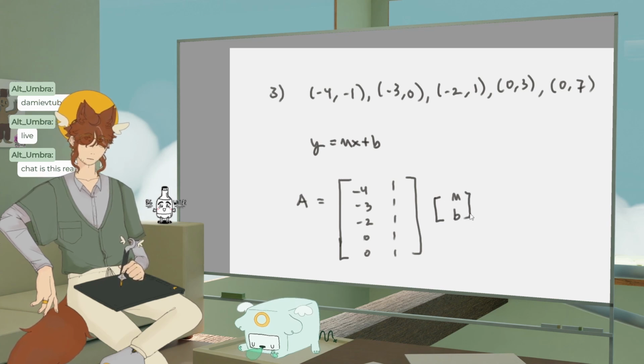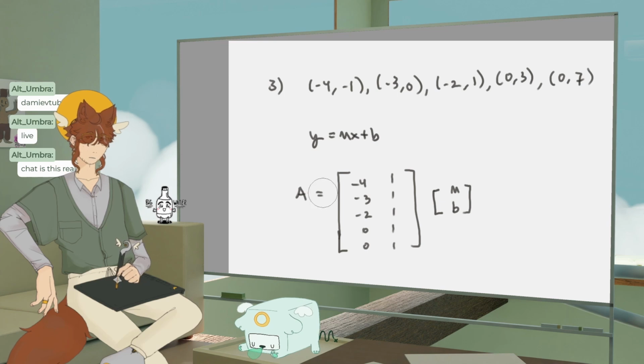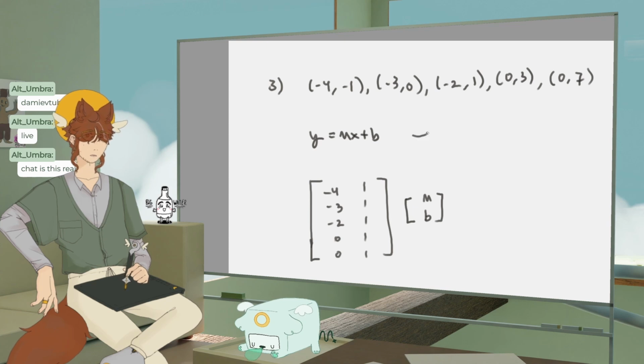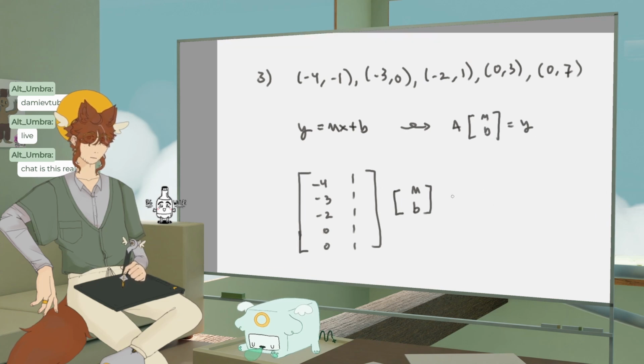So this is like A, M, B equals Y. And this will equal all our y values: -1, 0, 1, 3, 7.